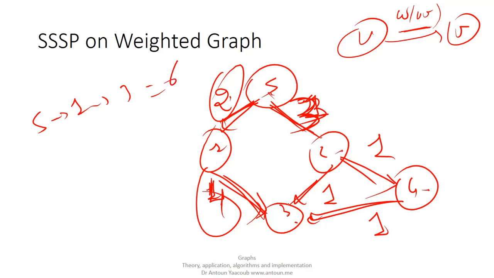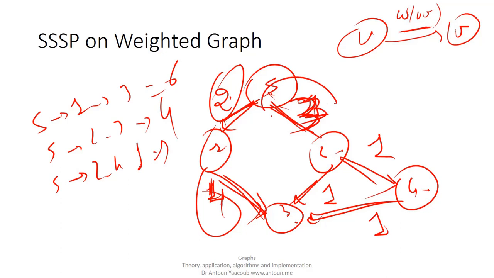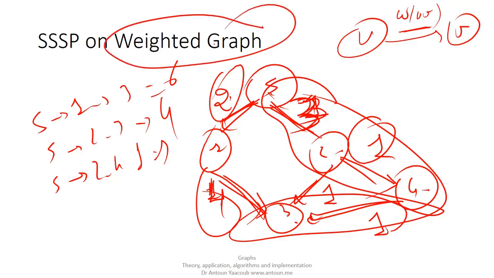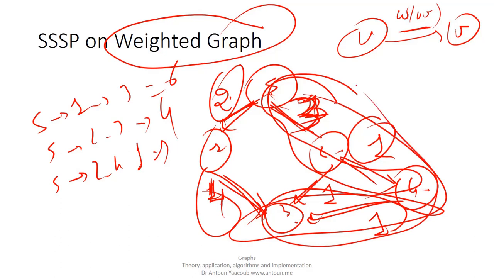The second one, S, 2, 3, is equal to 3 plus 1, which is 4. However, if I go S, 2, 4, 3, it is equal to 3. So this path is the shortest path in terms of weights, but it is not the shortest path in terms of BFS. So obviously, whenever we have a weighted graph and we need to minimize or find the shortest path, BFS is not the best choice.